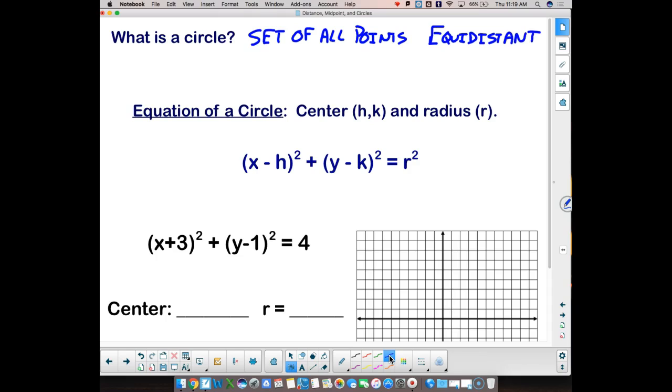What's equidistant mean? Equal distance, so the same distance, okay? Equidistant, so the set of all points equidistant from one point. And that point we call the center.